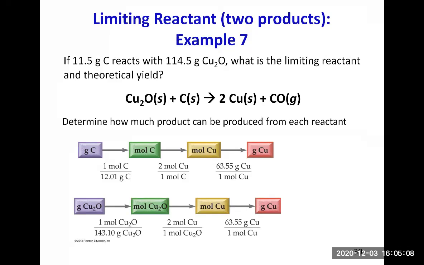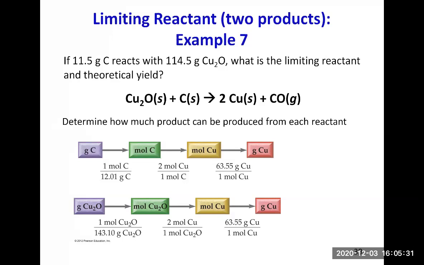So the 114.5 grams of Cu2O, you will use that as your given amount and change that into moles of Cu2O using the molar mass of Cu2O. This then will allow you to change the moles of copper 1 oxide into moles of copper using the coefficients from the balanced equation.